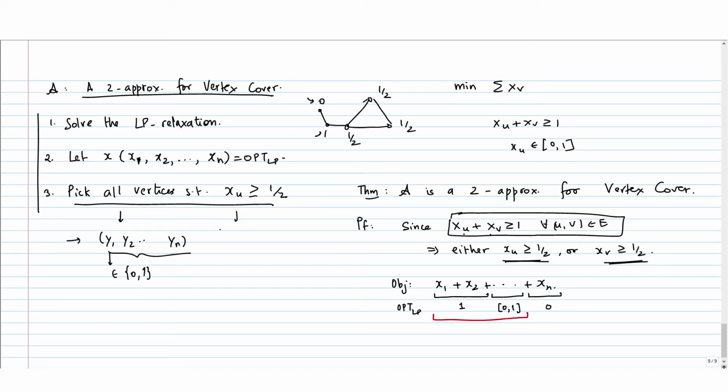To show that our algorithm is not too bad, look at the optimal solution. The optimal solution has some variables 1, some variables between 0 and 1, and some variables 0. We look at all the variables whose value is at least half and all the variables whose value is smaller than half. So, this is our solution.